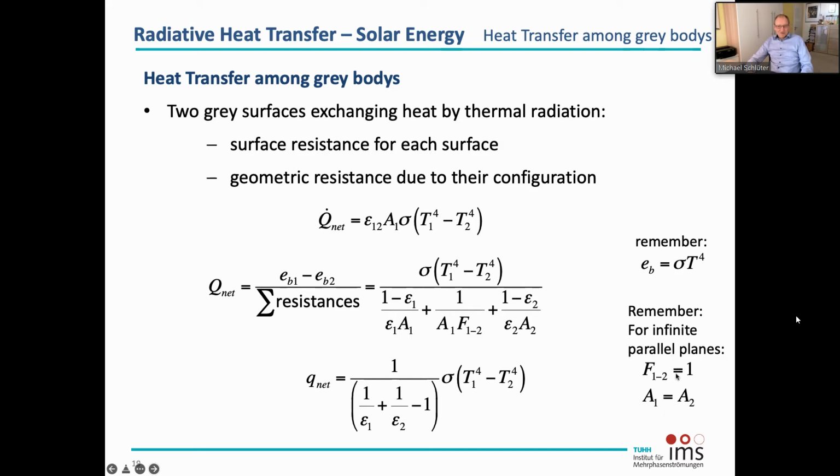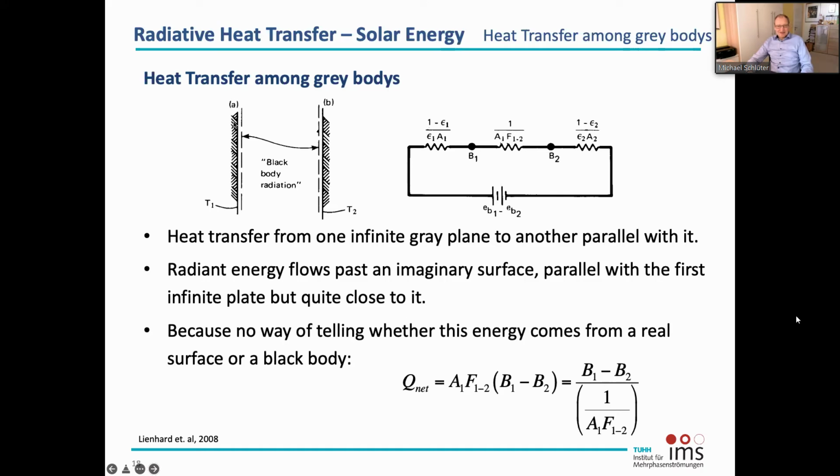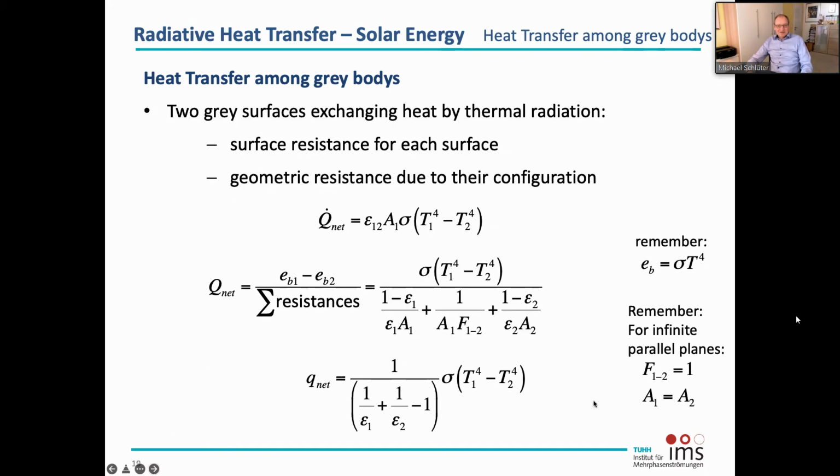Remember, the view factor for parallel plates is 1, and we assume that both areas have the same size, parallel and infinite. This means the view factor is 1, and A1 is A2. If we put the simplifications into the equation we have derived before, then we end up with this equation here for the net heat flux.